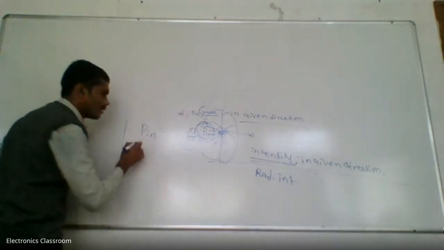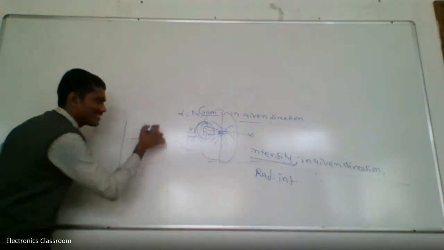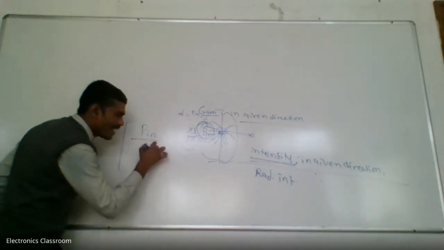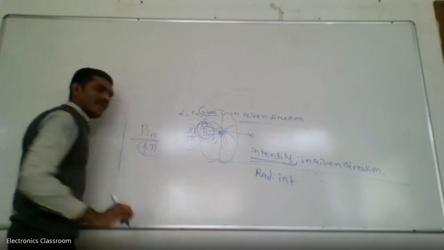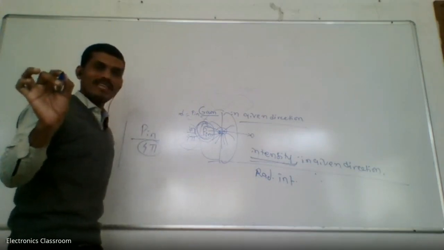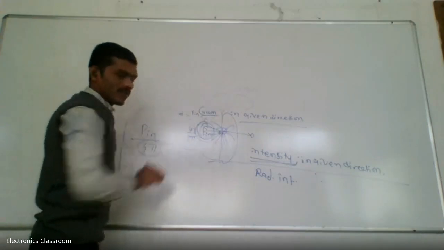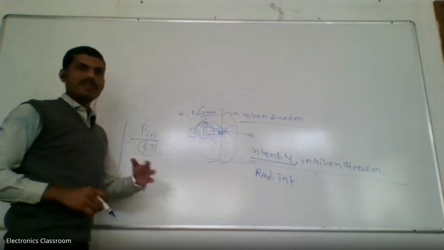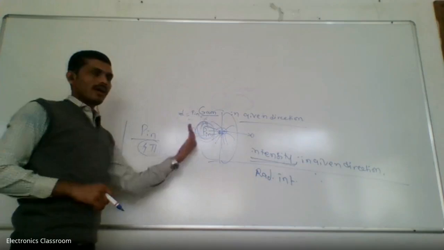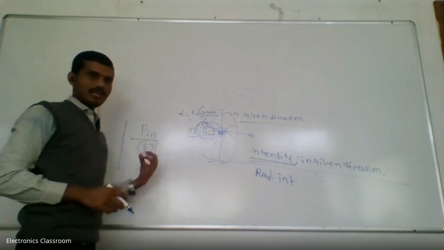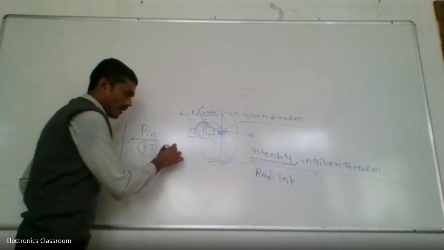That power will be calculated by using P in, that is input power will be radiated isotropically. Each and every time we are taking 4 pi because a circle has a 360 degree angle, and another circle has 360, that is 2 pi.